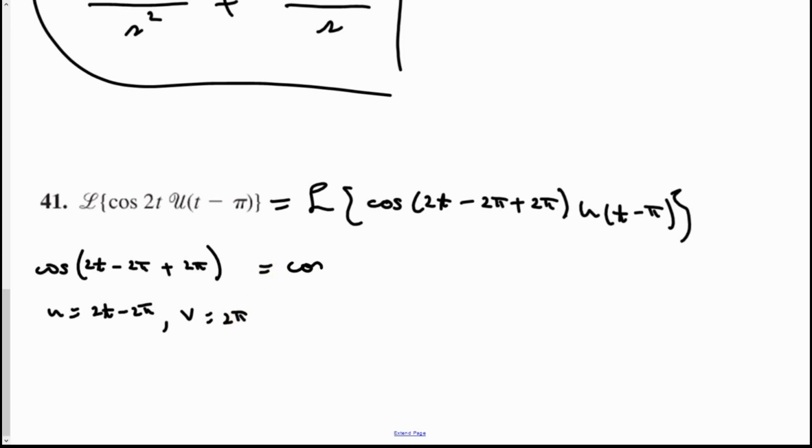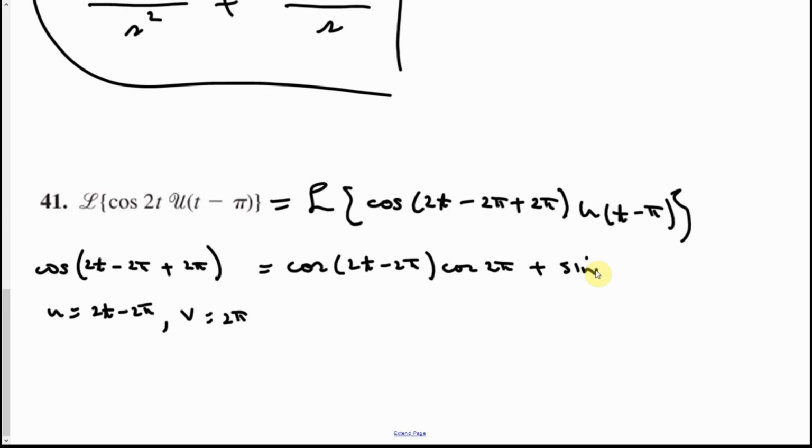So this is cosine of 2t minus 2 pi times cosine of 2 pi plus just the double angles, whatever, you know, from trig. Who remembers that, right?